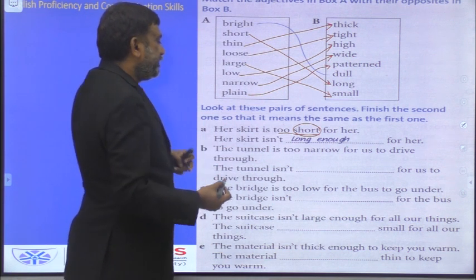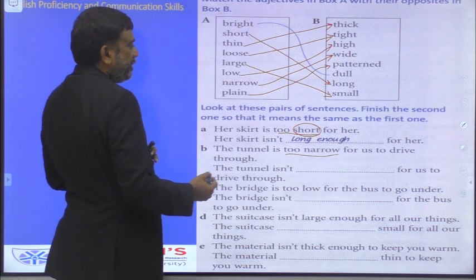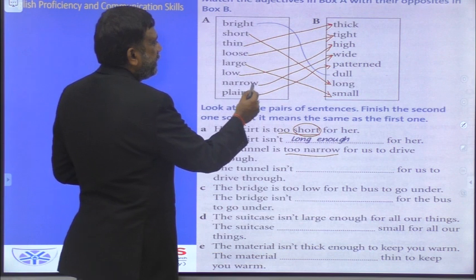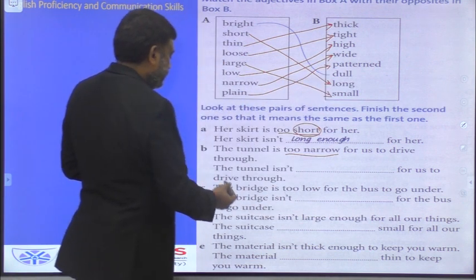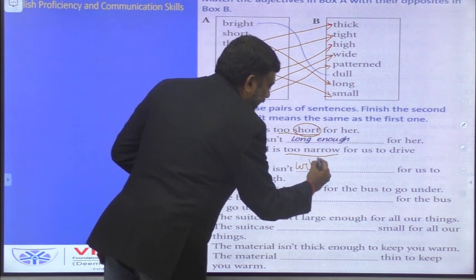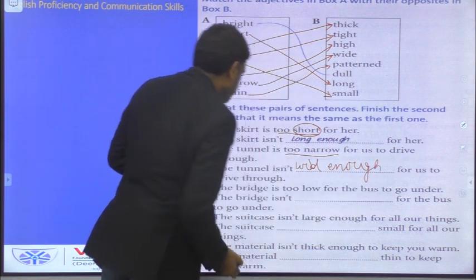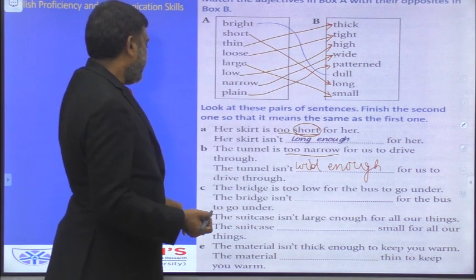Okay, in the same way. The tunnel is too narrow for us to drive through. What is the opposite word to narrow here? Wide. So here, the tunnel isn't wide enough for us to drive through.